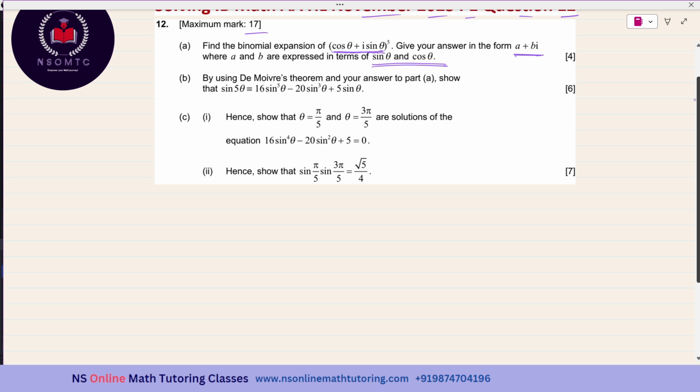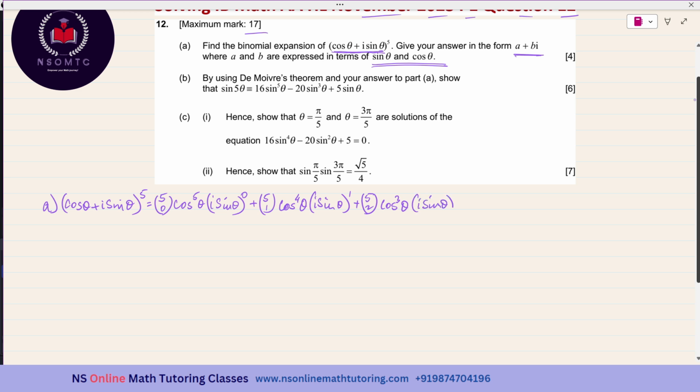Okay. So (cos theta plus i sin theta) raised to the power of 5 should be equal to 5C0 cos to the power of 5 theta and i sin theta to the power of 0, plus 5C1 cos to the power of 4 theta and i sin theta to the power of 1, plus 5C2 cos to the power of 3 theta, i sin theta to the power of 2.